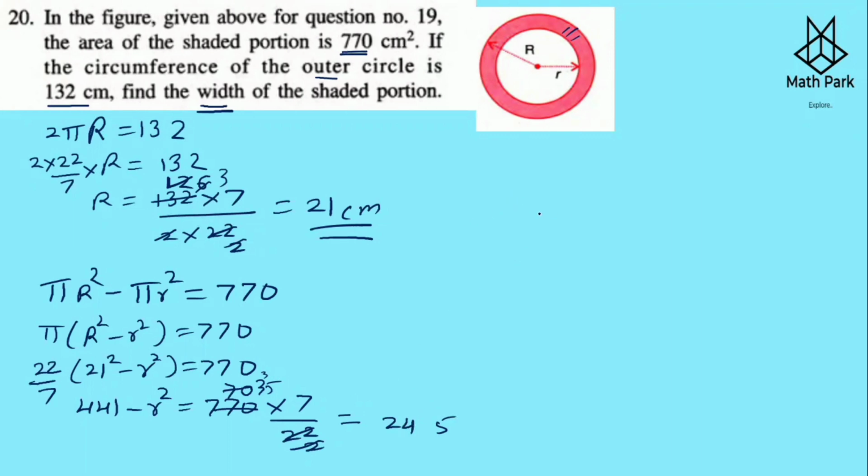So 441 minus 245 is equal to r square. So you get r square is equal to 441 minus 245, which is 196.